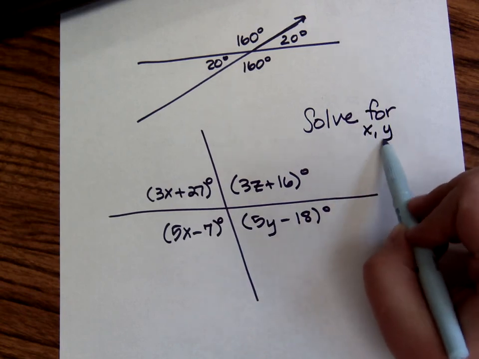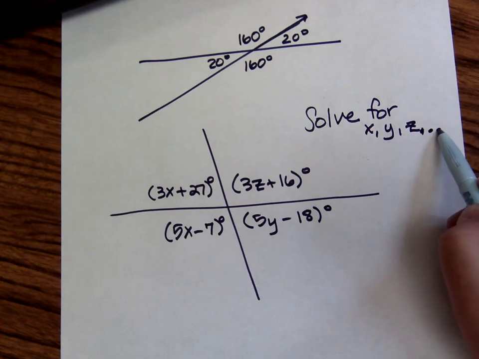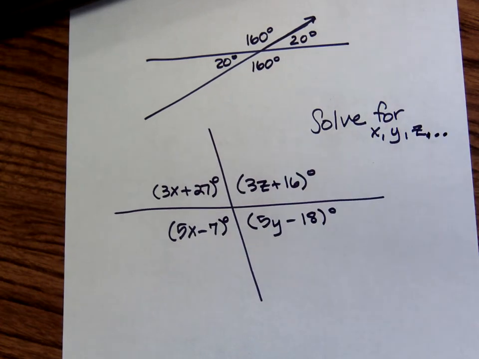Anytime you're asked to solve, that means you have to have an equation. You can't solve without an equation. To write an equation, you have to have a relationship between two things. So I have to be able to compare two of these angles and make an equation out of that comparison. The only way it would help me is if they have the same variable.